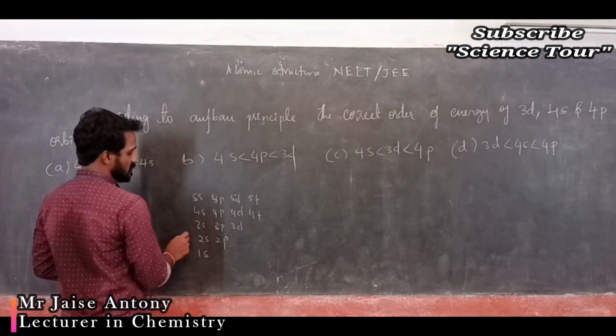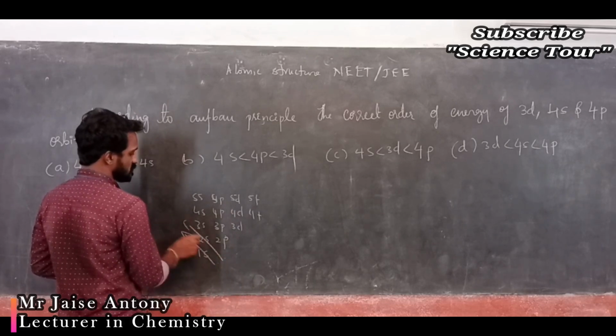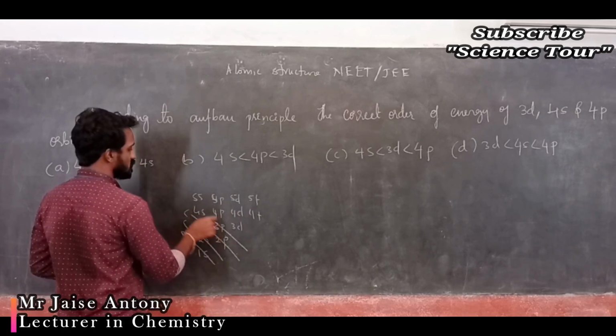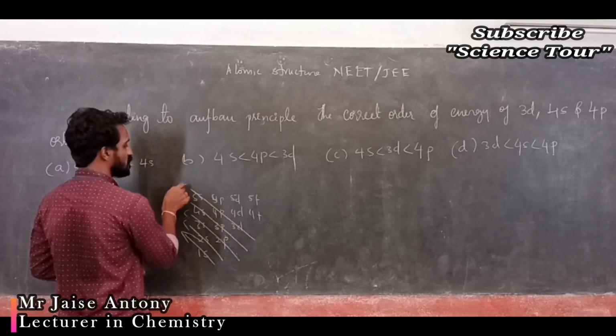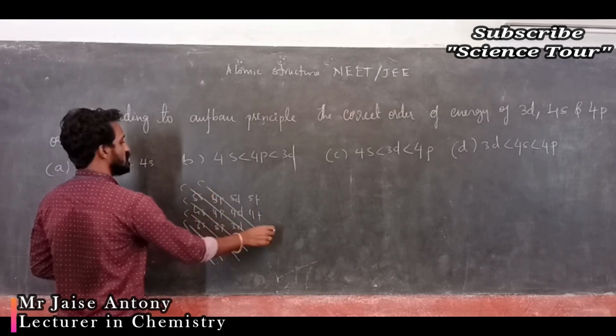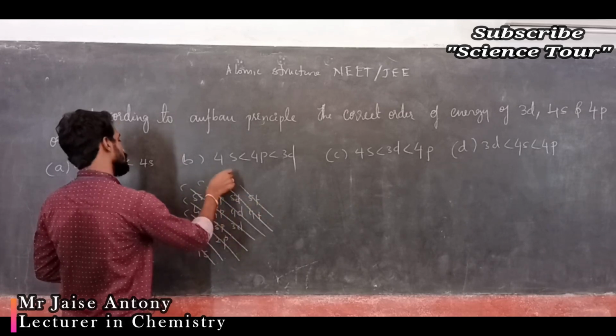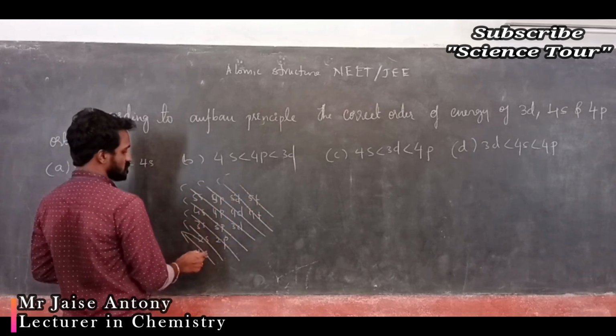So it is like this: 1s fills first, next 2s, then 2p, 3s, then 3p, 4s, then 3d, 4p, 5s, then 4d, 5p, then 4f, 5d, then 5f, like that. Understood? So which comes first?